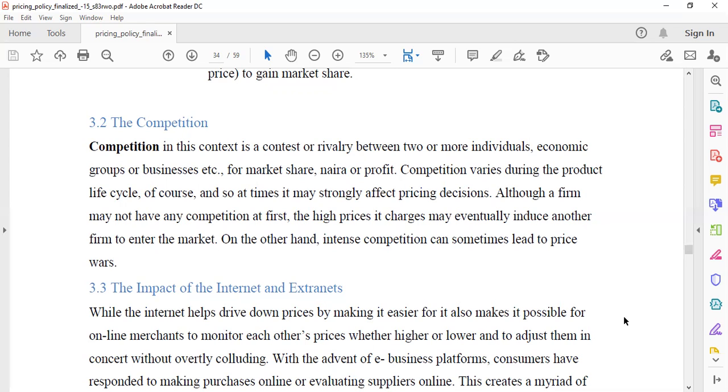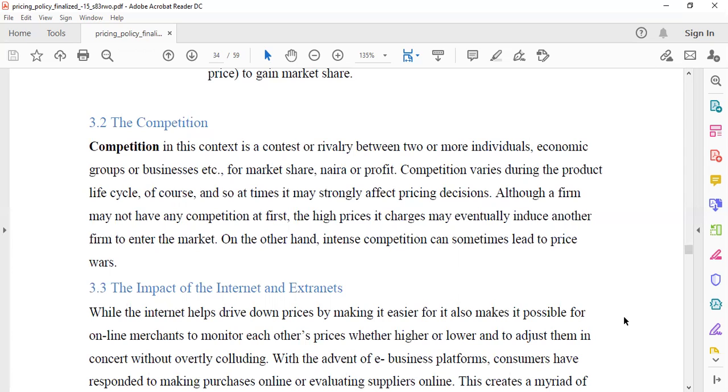Most times the easiest competitive strategy is price. The easiest to attack is price because consumers are rational beings. Consumers are price sensitive as well.